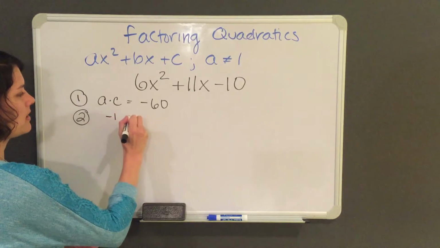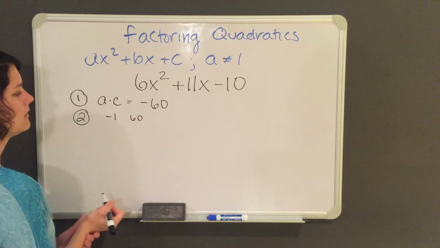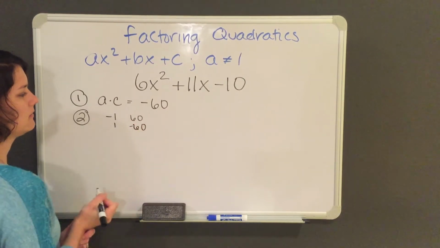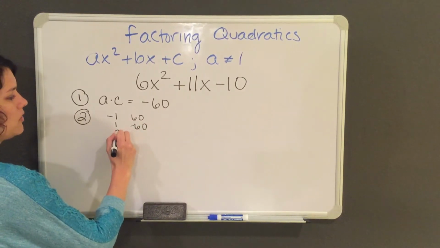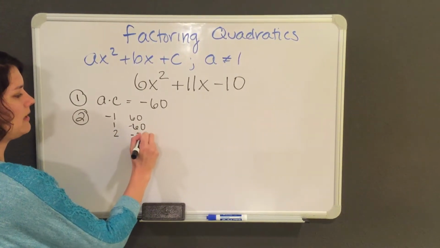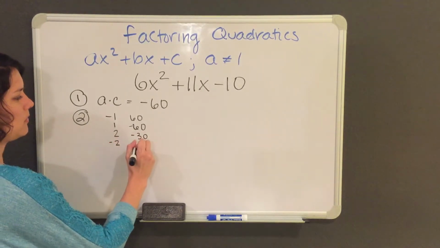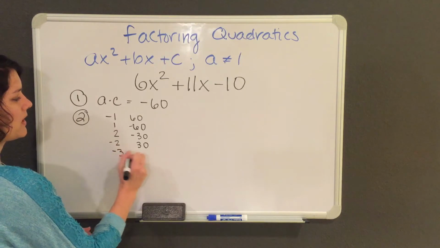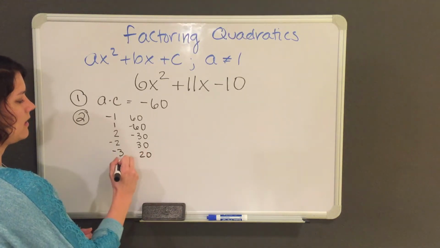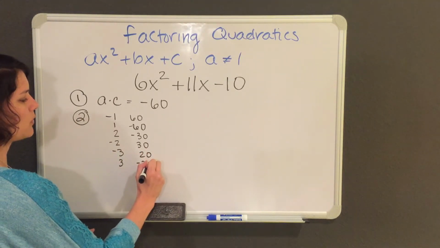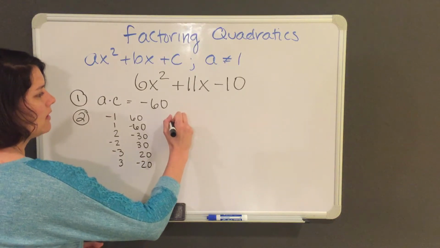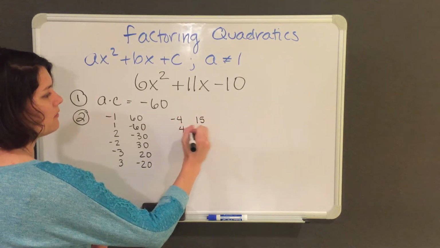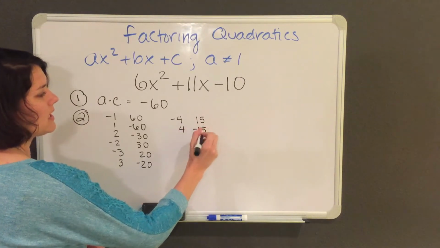We have negative 1 and 60, or positive 1 and negative 60. We have 2 and negative 30, or negative 2 and 30, negative 3 and 20, positive 3 and negative 20, negative 4 and 15, or positive 4 and negative 15.